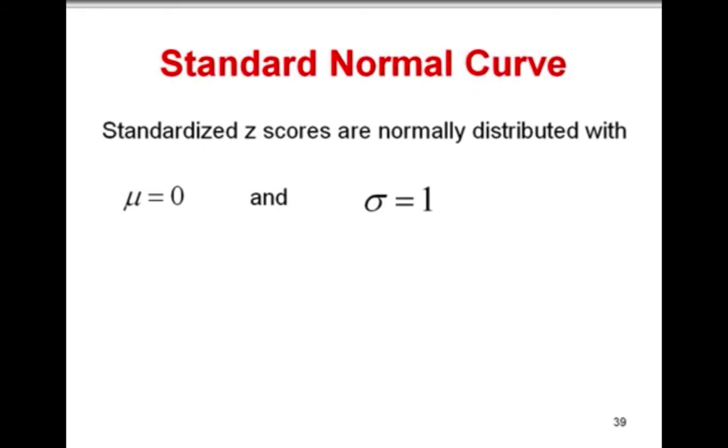Now, when we calculate z-scores based on a normally distributed variable like pulse rates in the last example, all we are doing is creating a new normal variable, namely the z-scores. It turns out that z-scores have a mean of 0 and a standard deviation of 1.